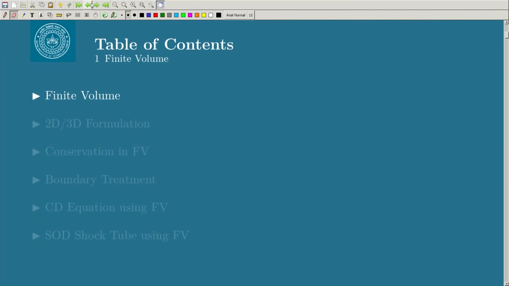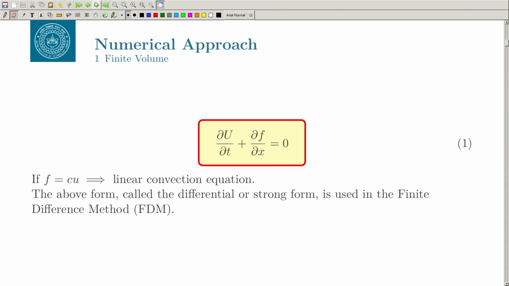So, let us look at some of the basics of the finite volume approach. This is the basic equation in 1D I am writing: del U by del t plus del F by del x equal to 0. You can see that this can represent any equation that you want.